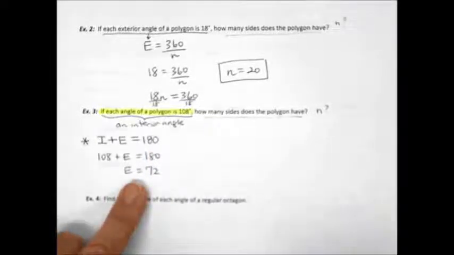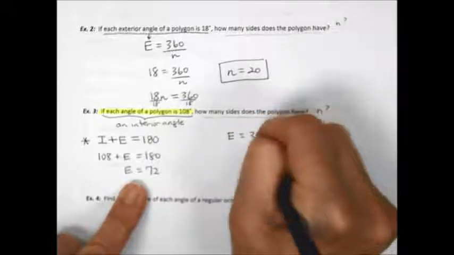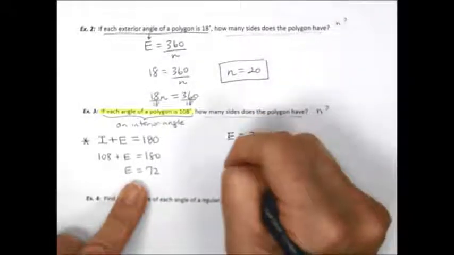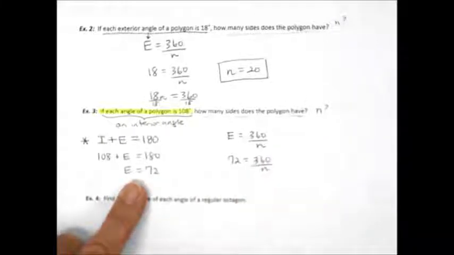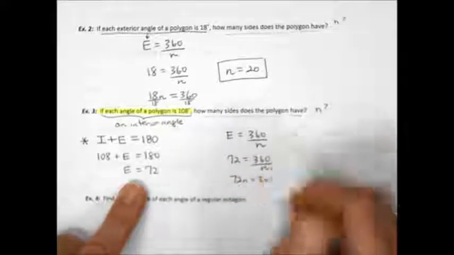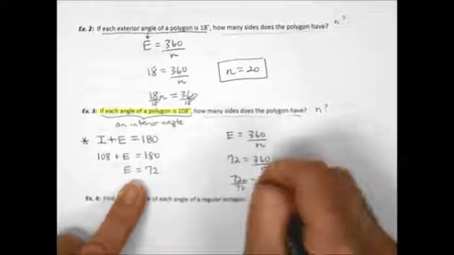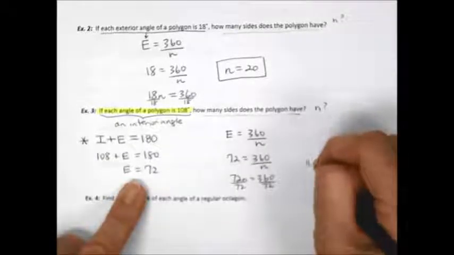Once I know the exterior angle, I can come over here and use my formula now. So I know 72 is my exterior angle, just like I did above. Now I'm going to cross multiply. And if I take 360 and I divide by 72, I'm going to get 5.